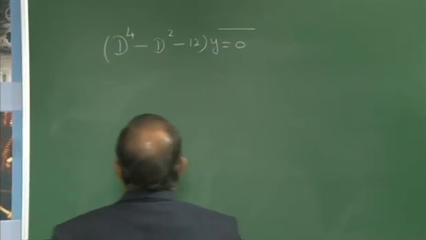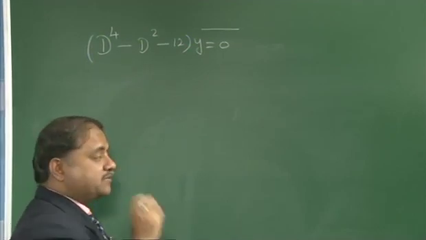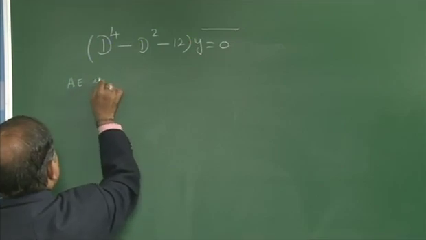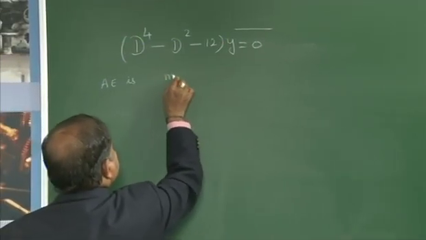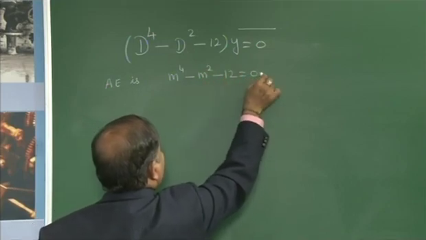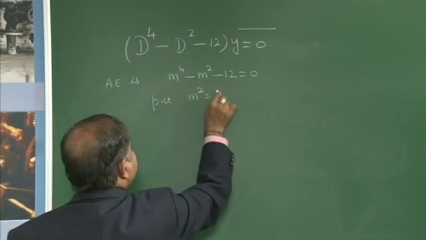Now this is d power 4 minus d square minus 12, same thing. Why I am taking the example, I will tell you at the end. You will get combined roots. So m power 4 minus m square minus 12, same thing, put m squared is equal to t.